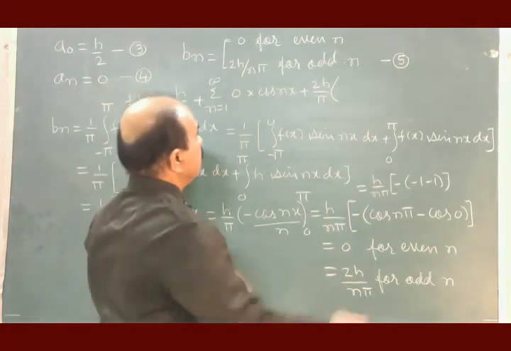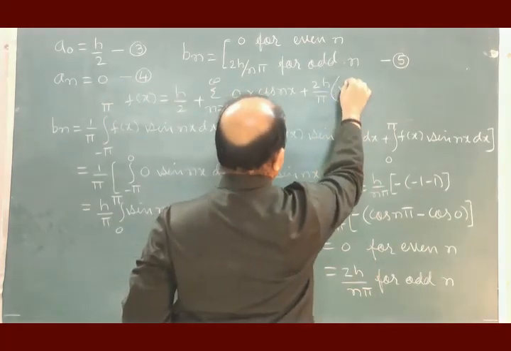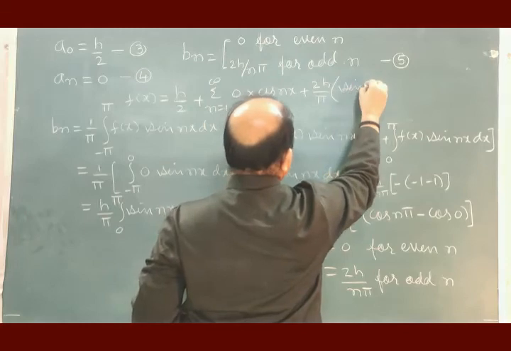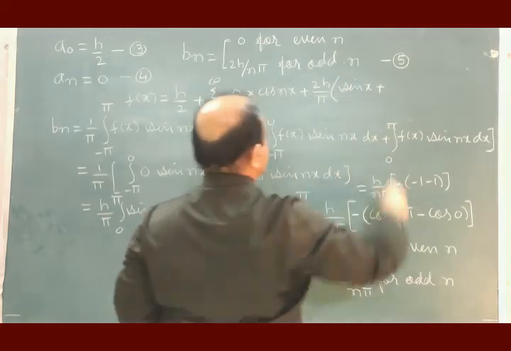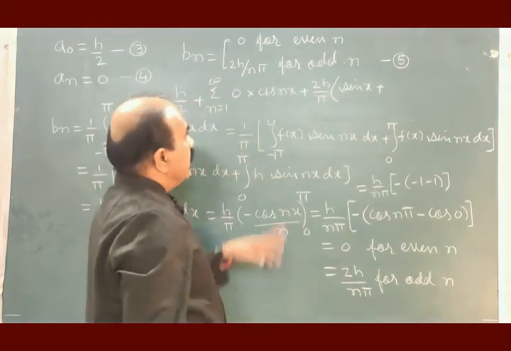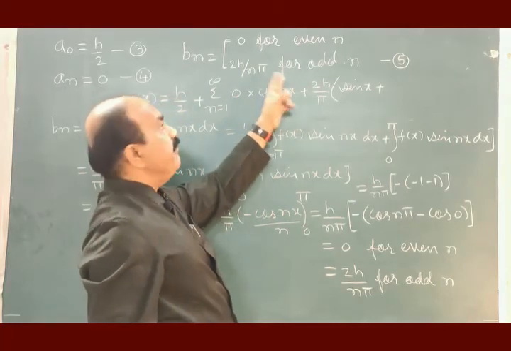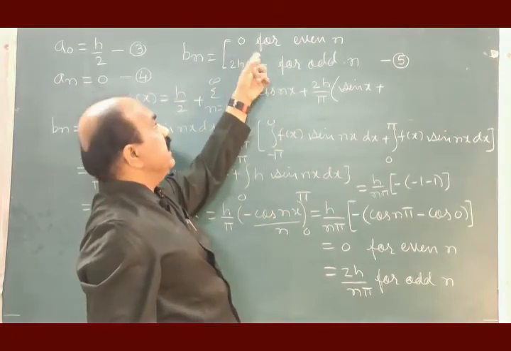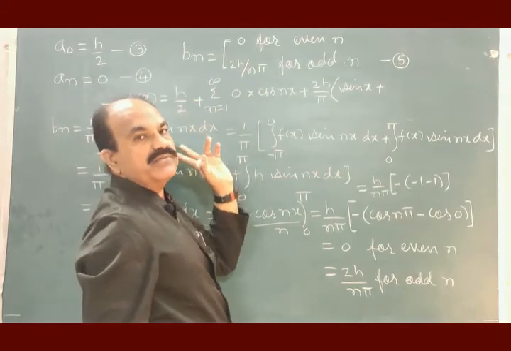When n is 1, it will be sin x plus, we have to go for only odd n, because if you go for even n, Bn will be 0.